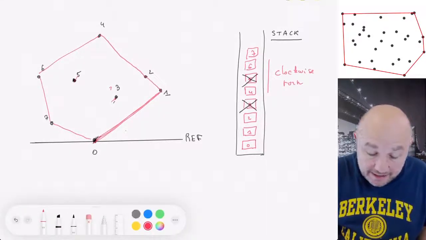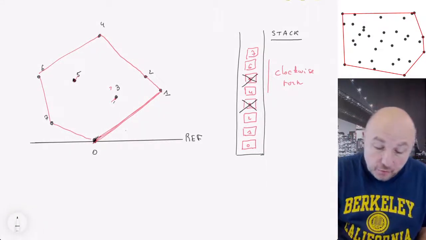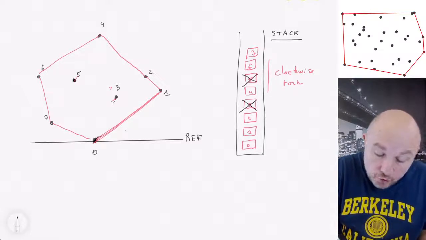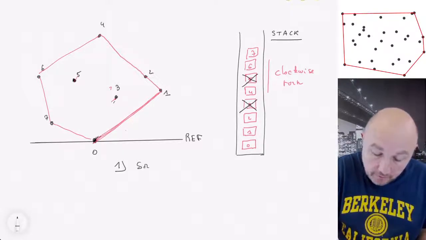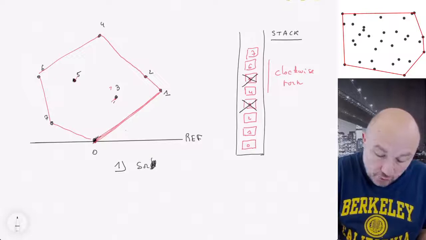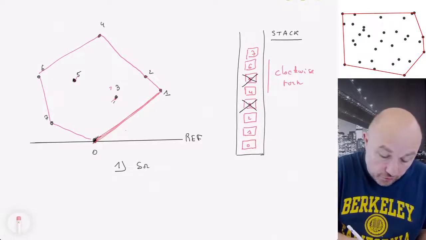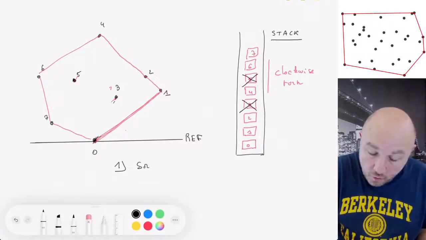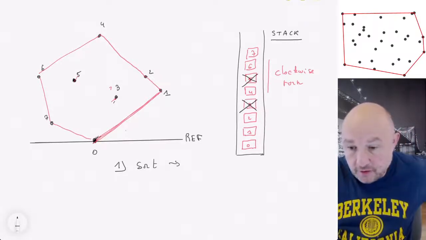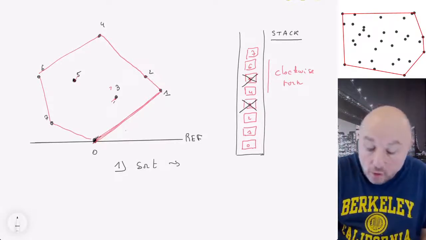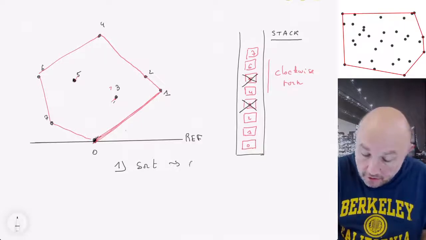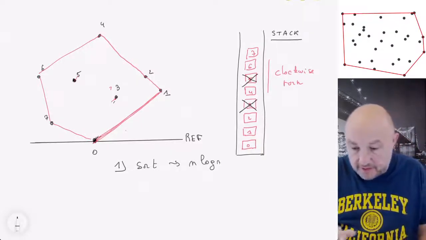So what is the actual computational time that we need for that? First, we have to sort those points, okay? There is no way to sort points with a complexity lower than n log n.